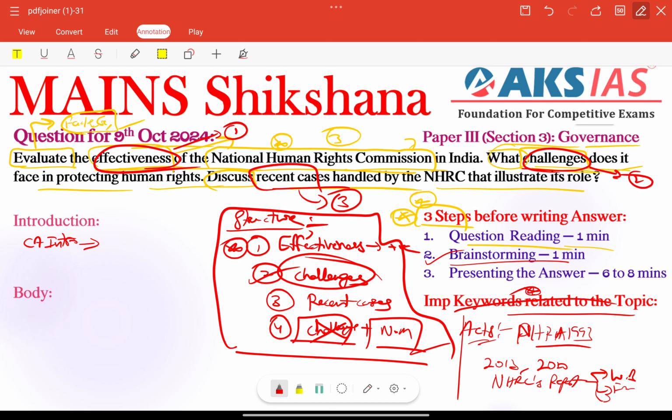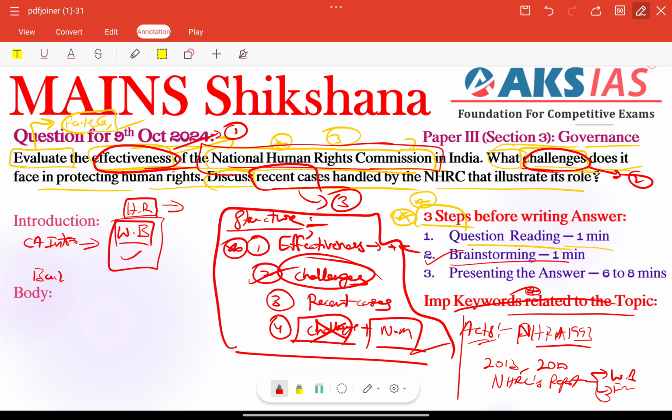We can start with it, for example the West Bengal doctor incident, or forced evictions or custodial deaths in India. Whenever an incident occurs that leads to violation of human rights, the National Human Rights Commission immediately focuses on that particular issue. That is the main point.